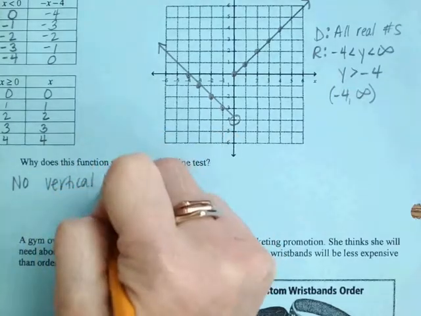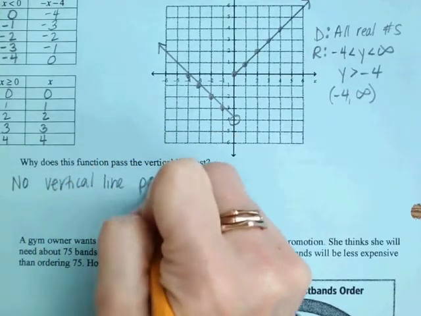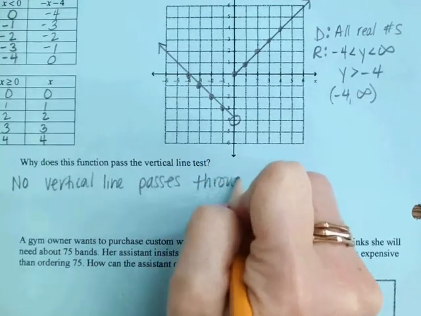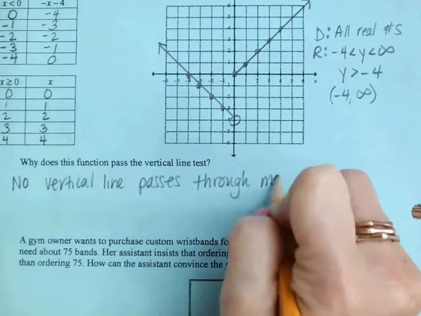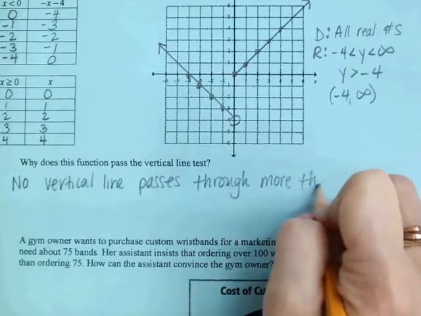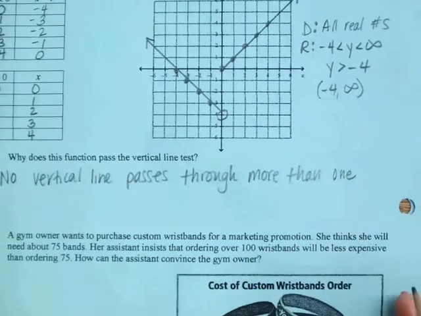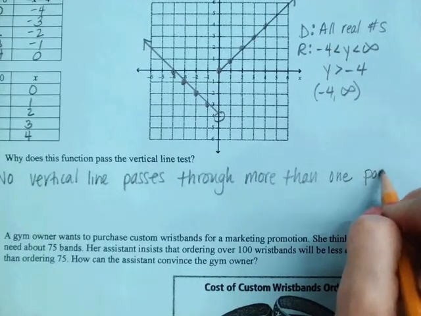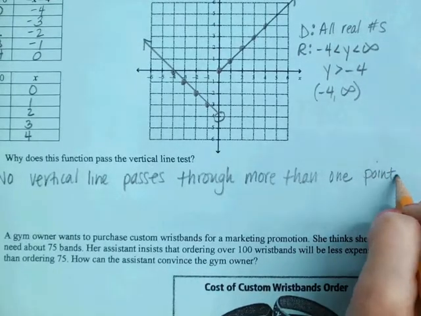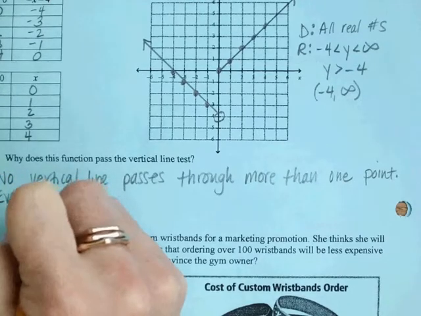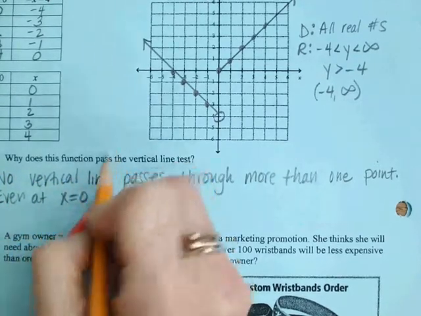No vertical line passes through more than one point, even at x equals 0.